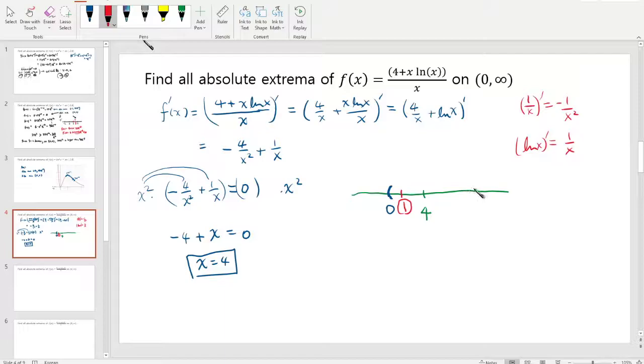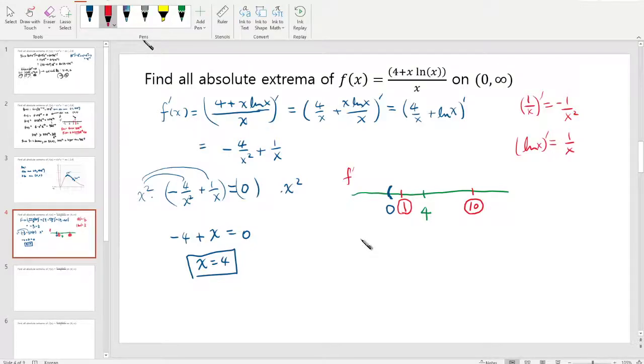I like to pick 10 or multiples of 10, 10 or 100, those are easy to calculate.